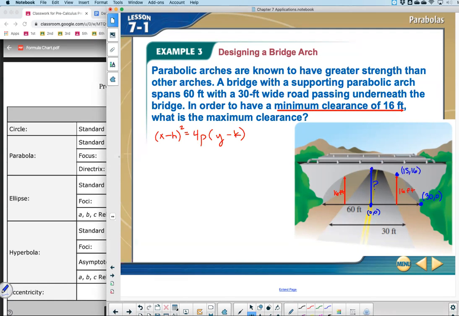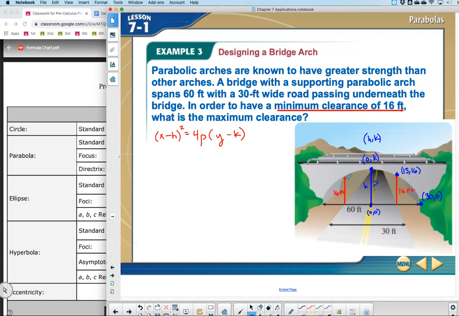Now this point at the center, we're trying to find the height. That we don't know, but that is the vertex, which we label as h, k. On our problem, all we know is that since it's at the center, the h is 0, but the k is unknown. So what we're solving for is k. That's what we're trying to find in this problem.